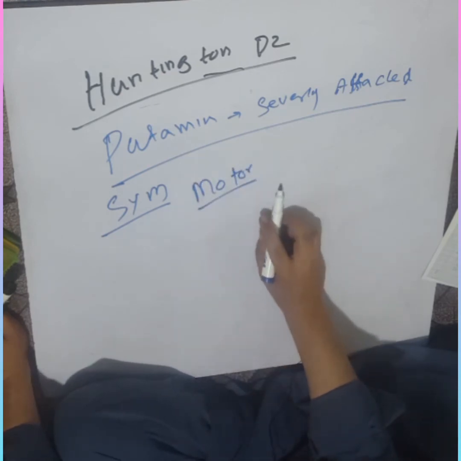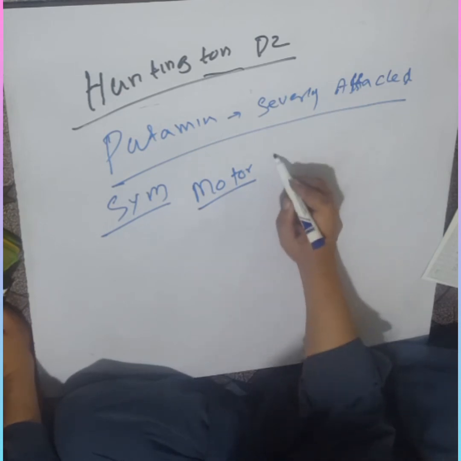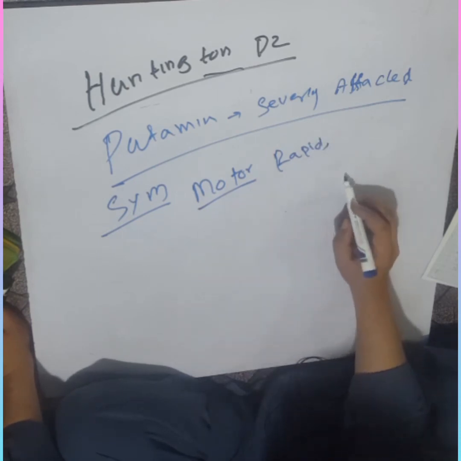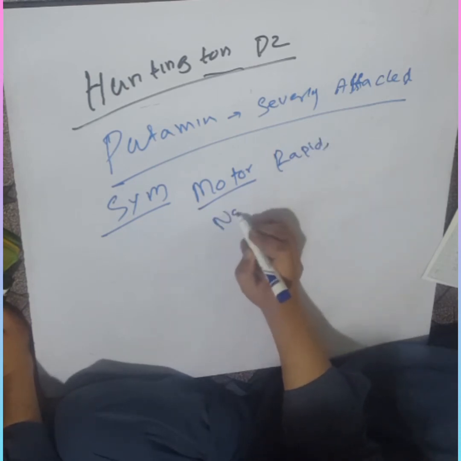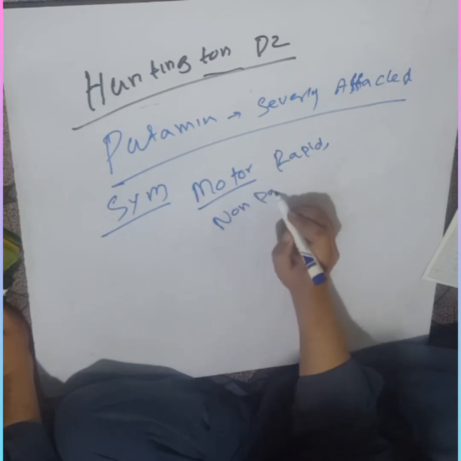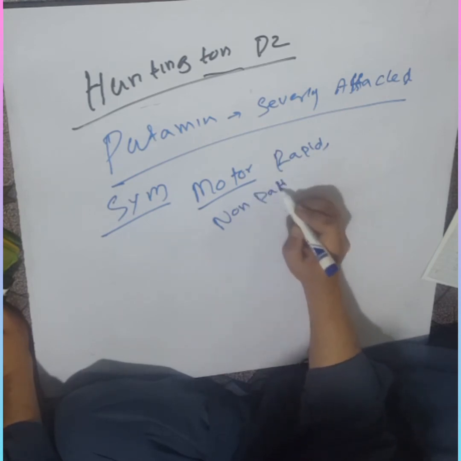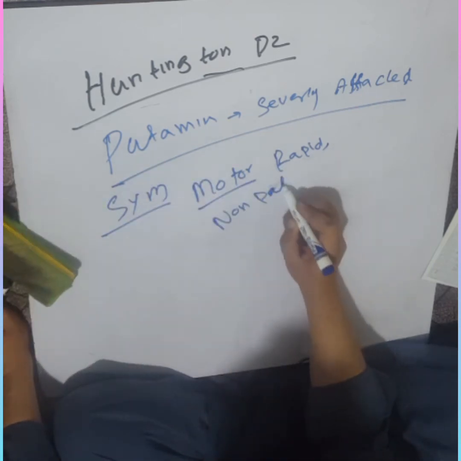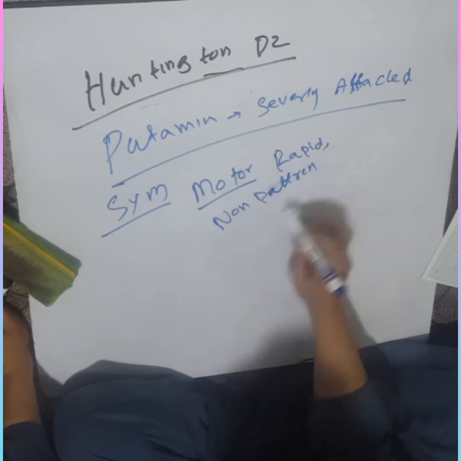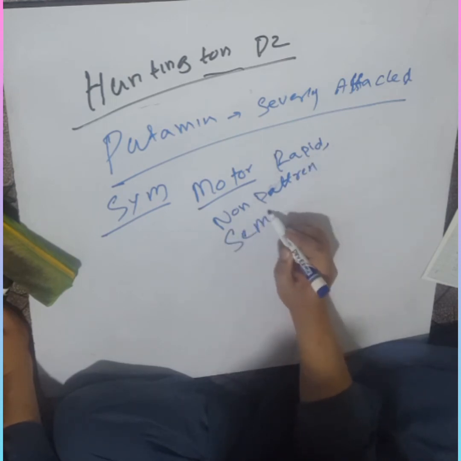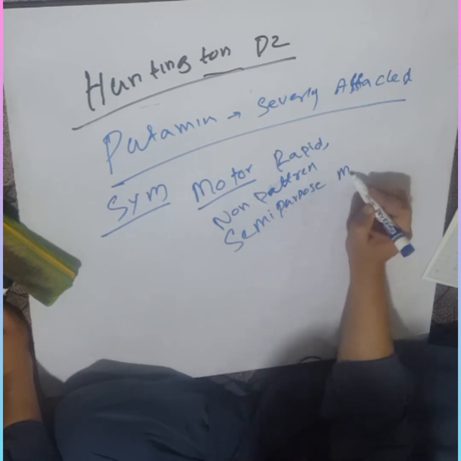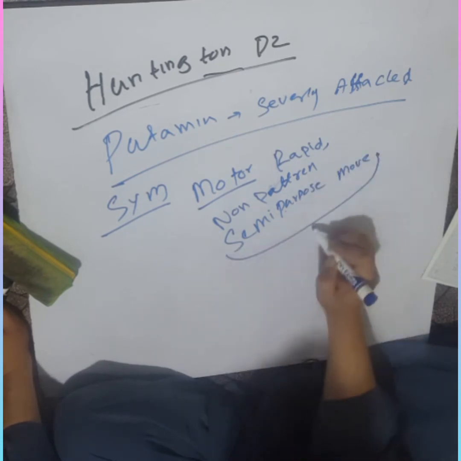A motor symptom can be rapid, non-patterned, semi-purposeful movement. Sometimes this is called Huntington chorea.